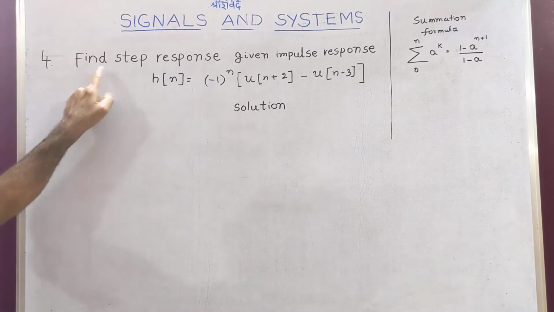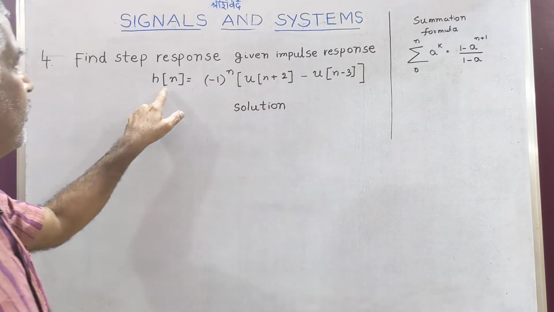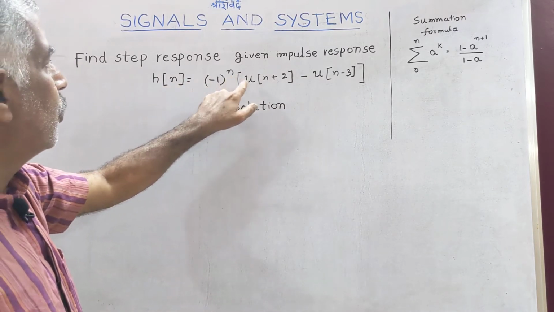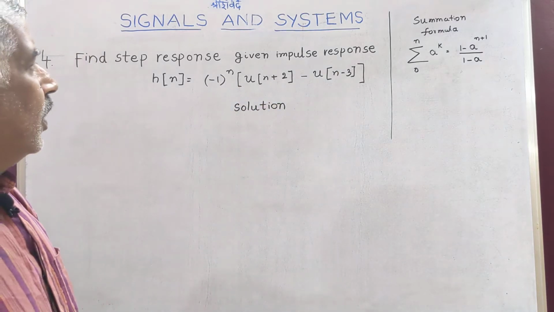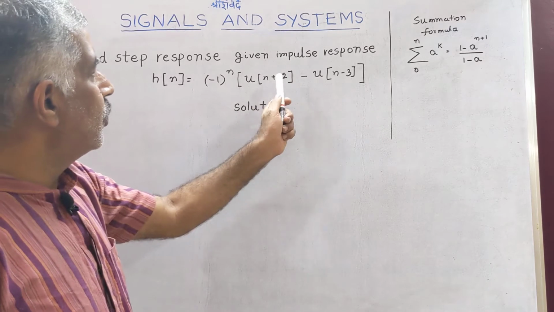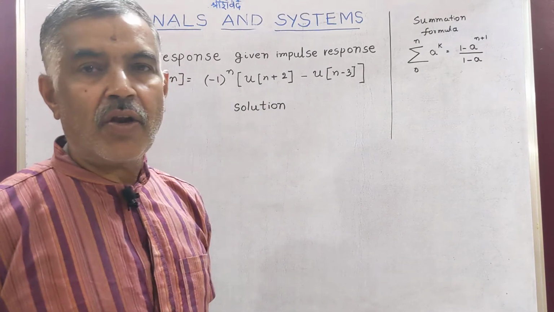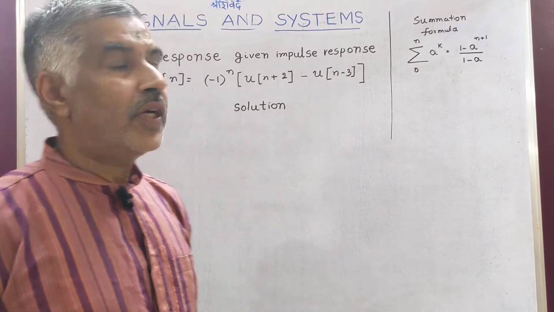Find the step response given the impulse response h of n is equal to minus 1 to the power of n, u of n plus 2 minus u of n minus 3. These u of n plus 2 and u of n minus 3 are called shifted step functions.